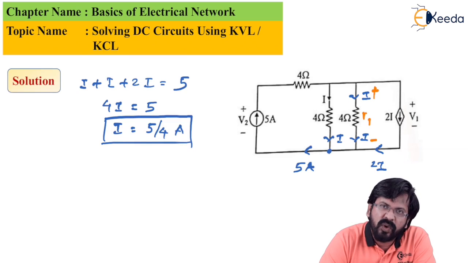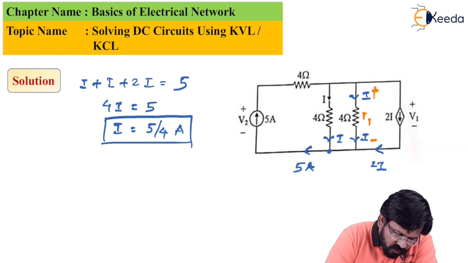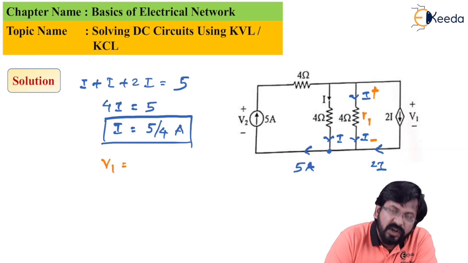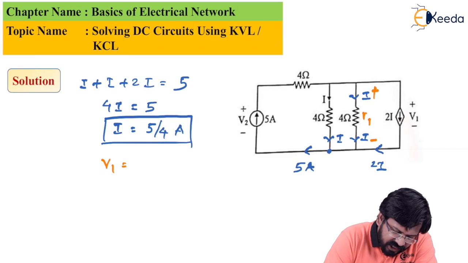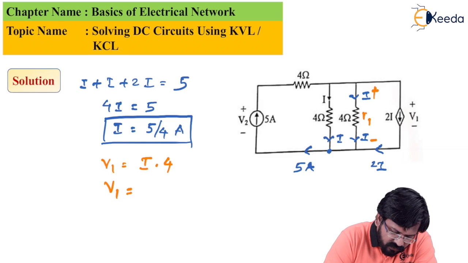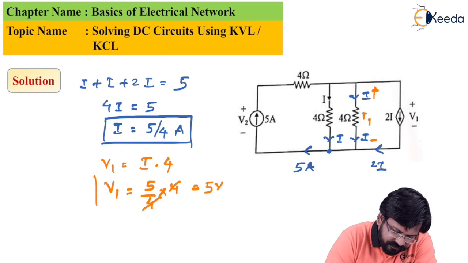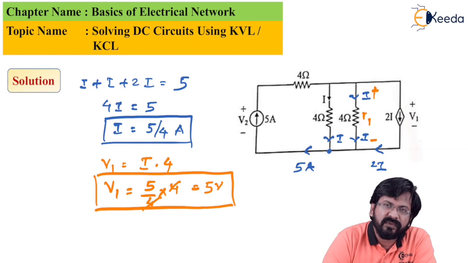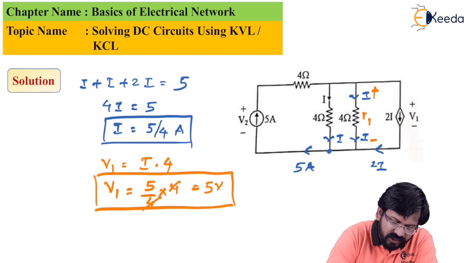So by applying Ohm's law, V is equal to I into R. I can claim that V1 will be equal to current through 4 ohms, which is I, times 4. So V1 will be equal to 5 by 4 into 4. So 4 cancels out, V1 becomes 5 volt. So the value of V1 which they were asking us, we will record this value.